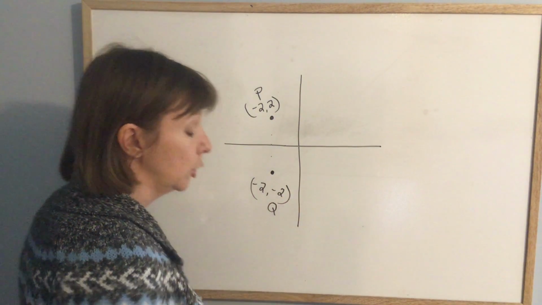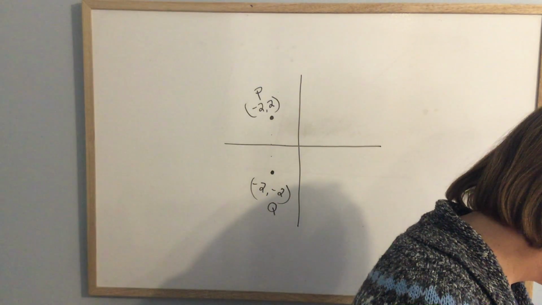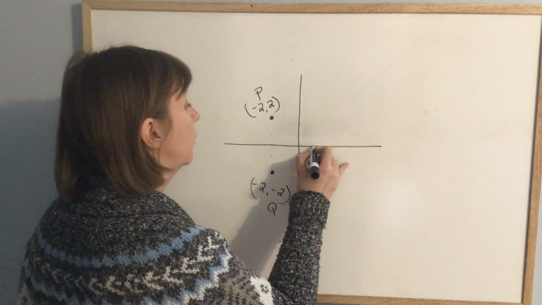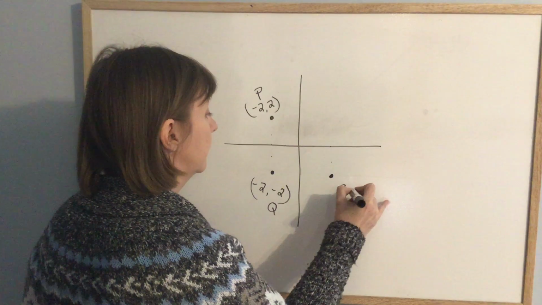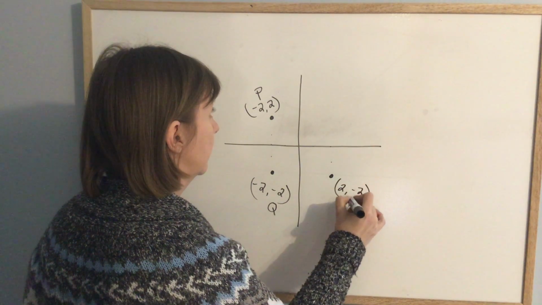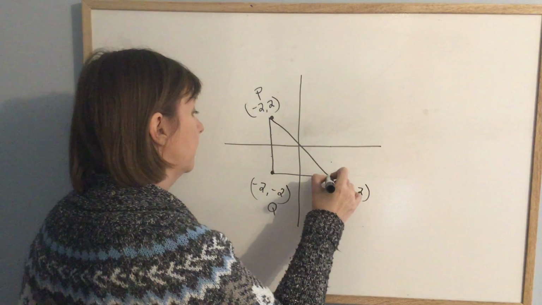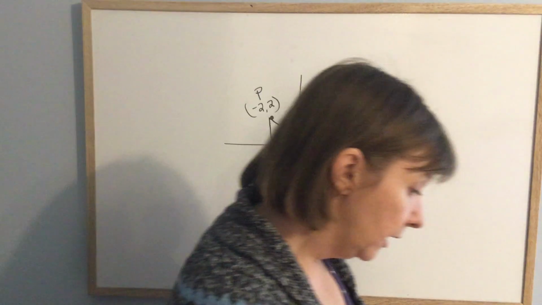That is point Q. And R is 2 and negative 2. So 1, 2, 1, 2. So here's connect the dots. Okay. And that would actually be a right angled triangle.